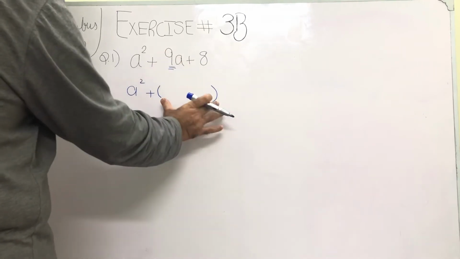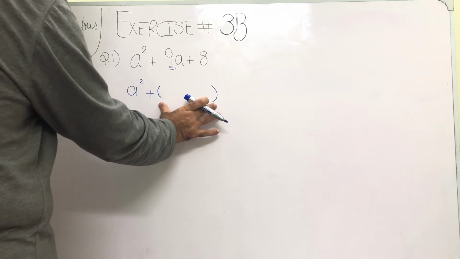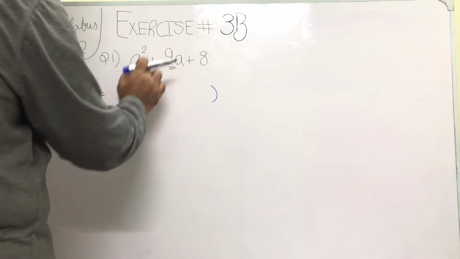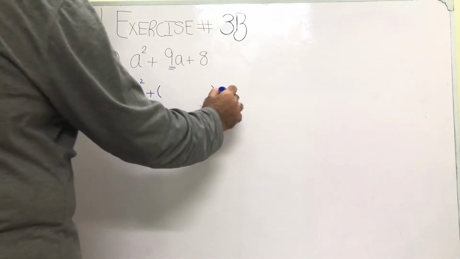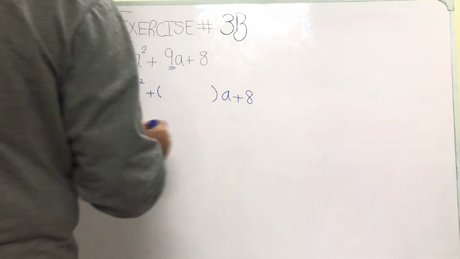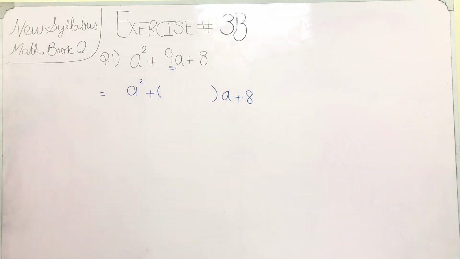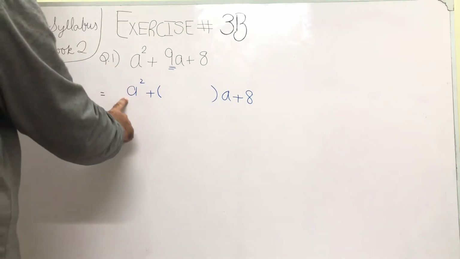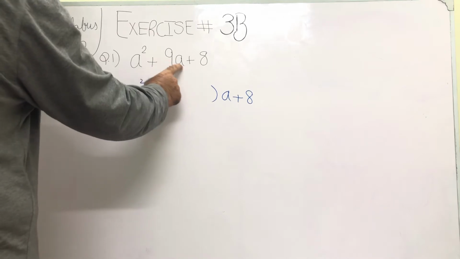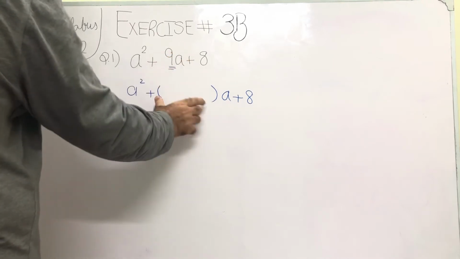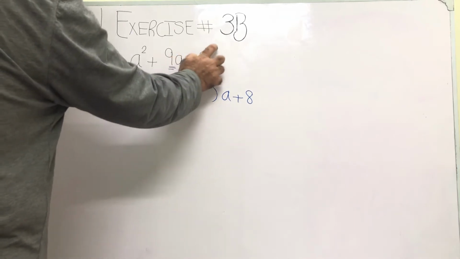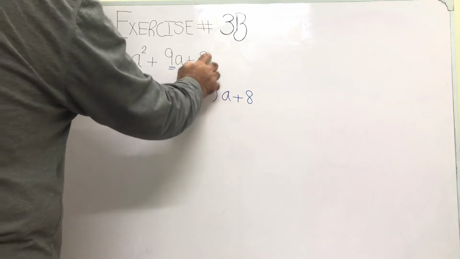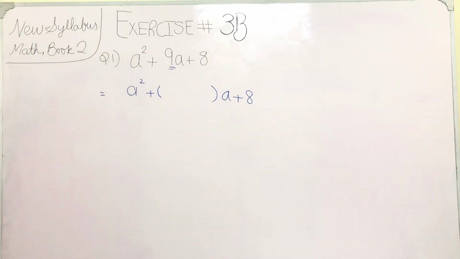So for this 9 we have reserved a space or bracket. A square will come as such, and this will come as such. This is the first step. For this 9, which is the coefficient of this variable with power 1, you need to reserve a space with the bracket. Rest will be the same. A will come here, plus here and 8 here. So this is the first step.